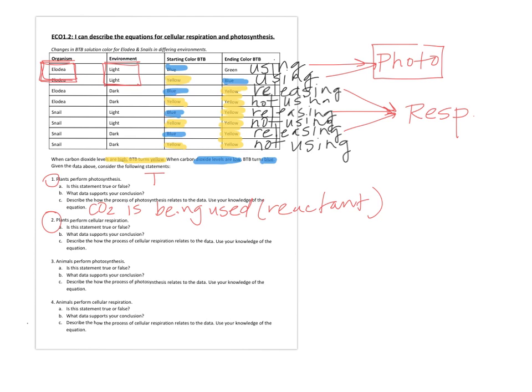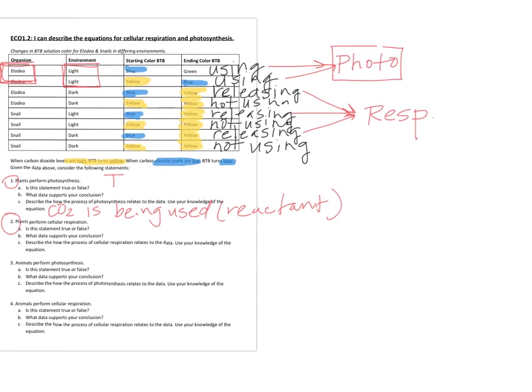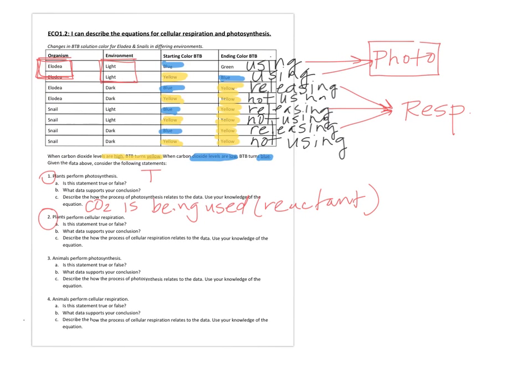Next one, number 2. Plants perform cellular respiration. Here, we can see lots of examples in the plant section where the plants are actually releasing CO2 or at least not using CO2. So this first one that's very obvious is this Elodea in the dark.